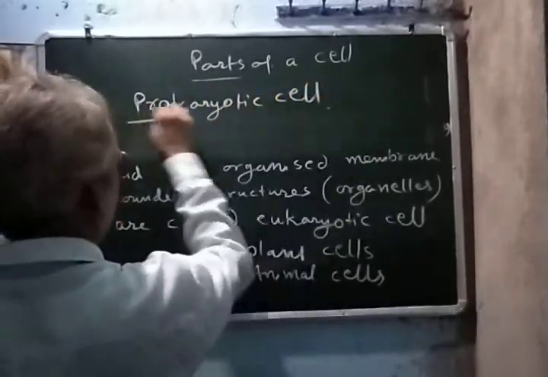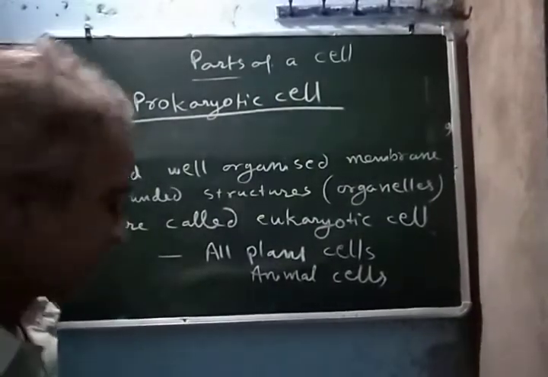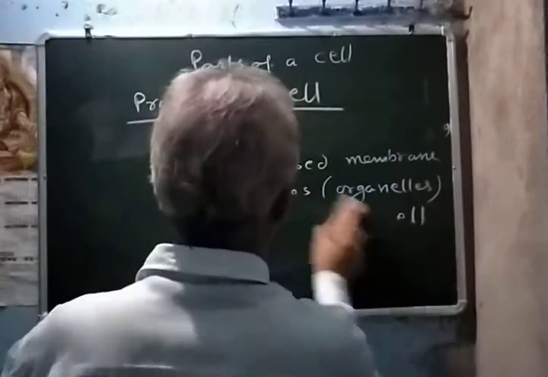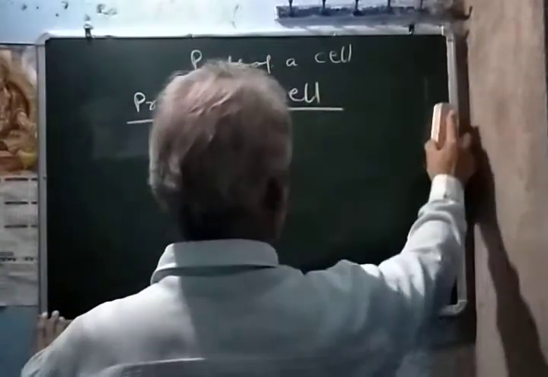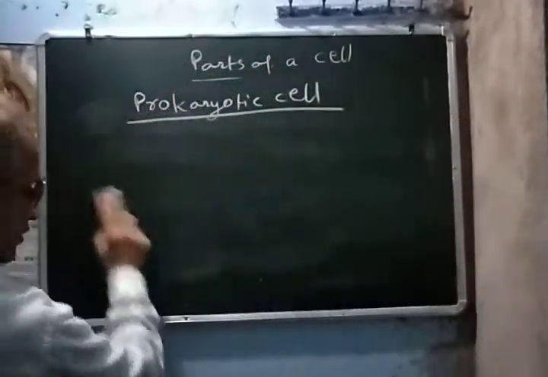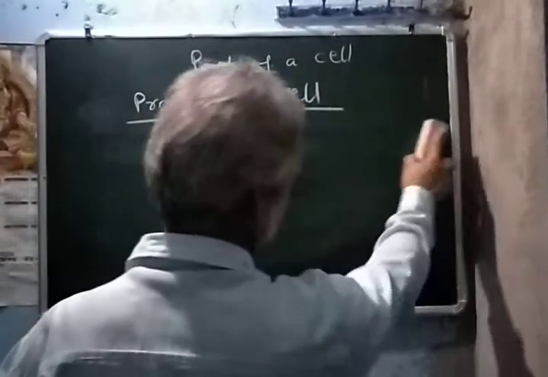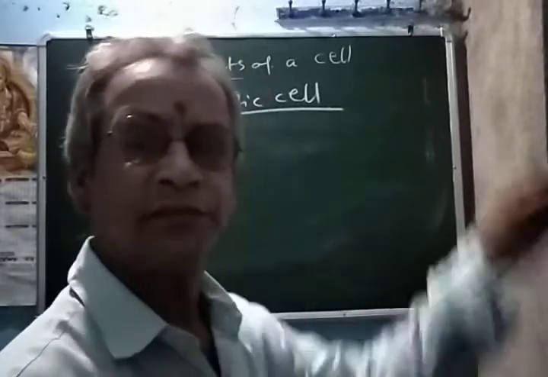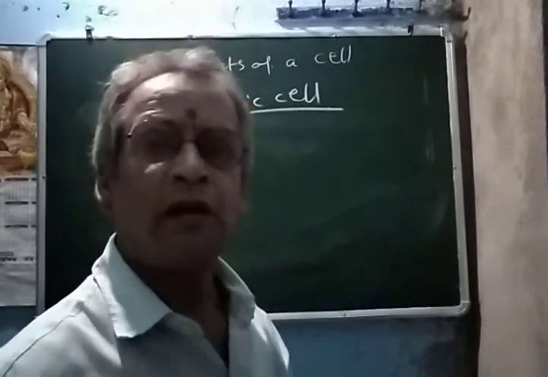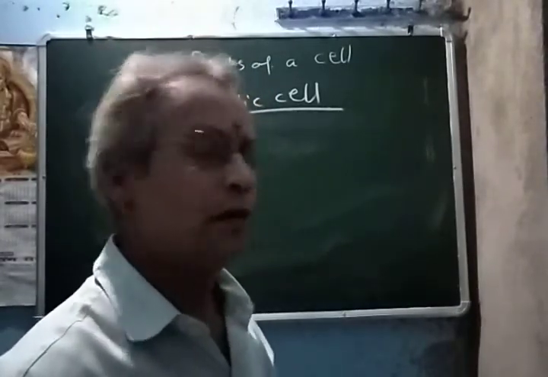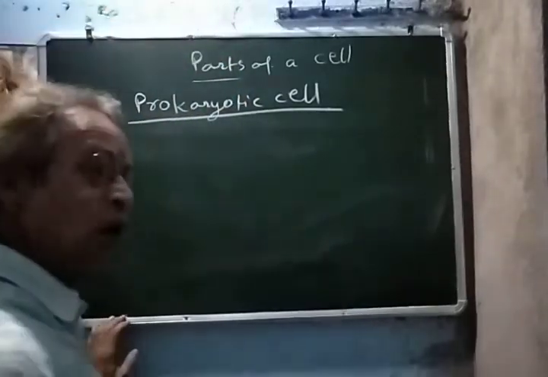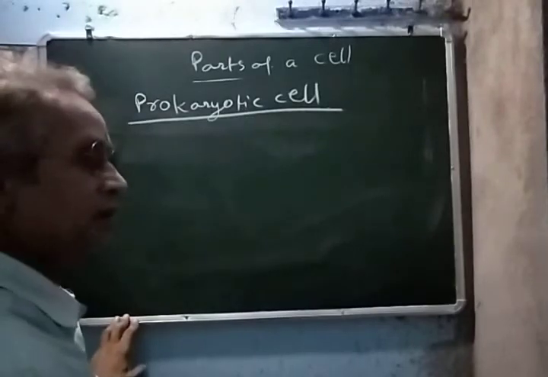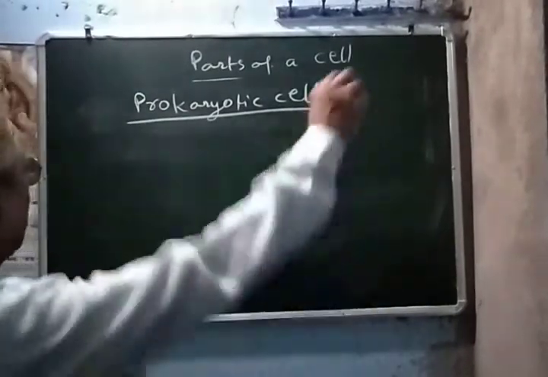What is prokaryotic cell? In some primitive organisms such as bacteria or blue-greens, membrane bounded structures or true nucleus are absent.